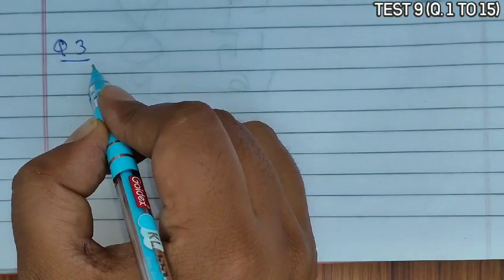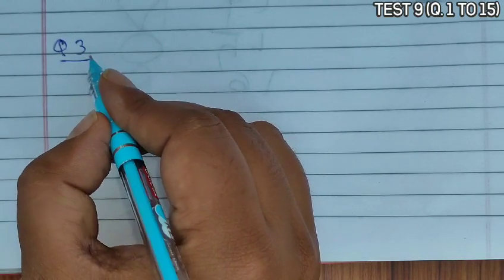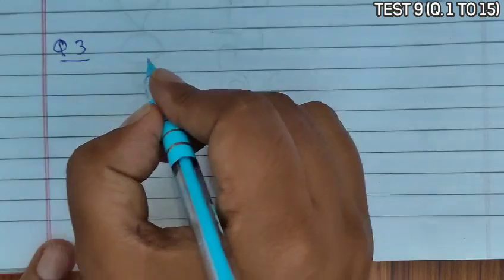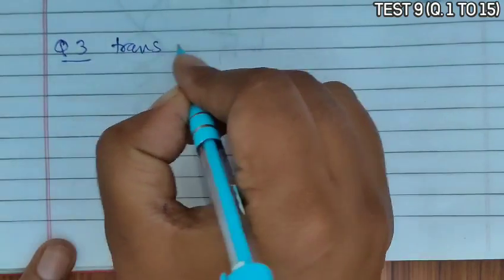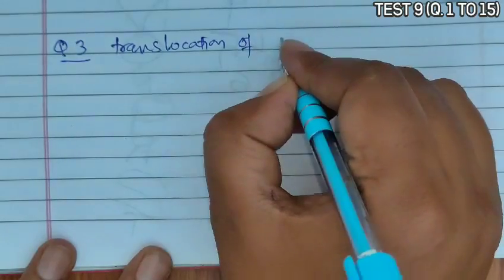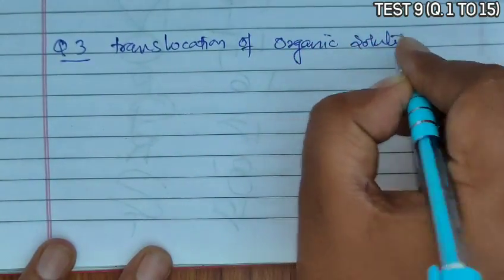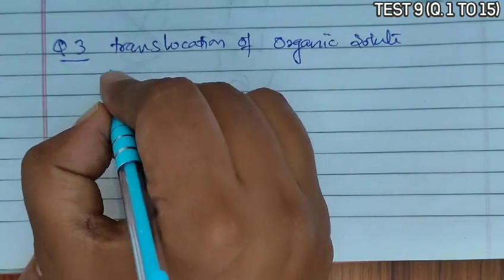Next is question 3. Question 3 asks that the translocation of organic solute in sieve tube members is supported by.